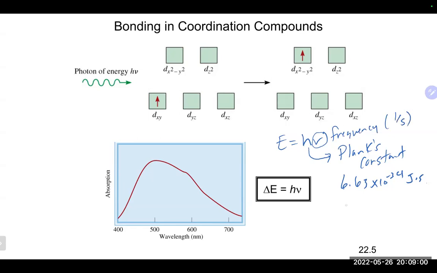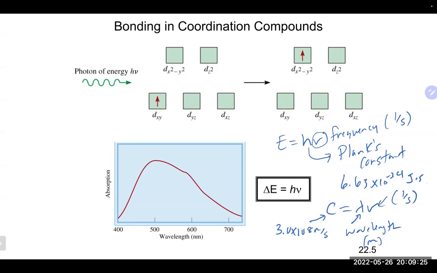Both of those equations really come from c is equal to the wavelength times the frequency, where c is the speed of light, which is 3 times 10 to the 8 meters per second. That is our wavelength in meters, and that is our frequency in 1/seconds as well.